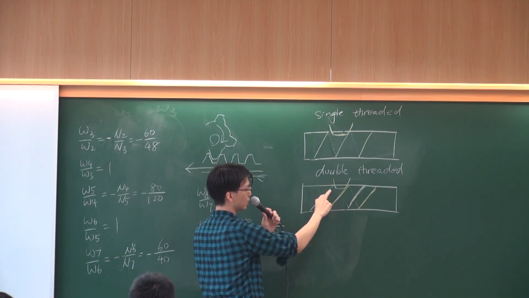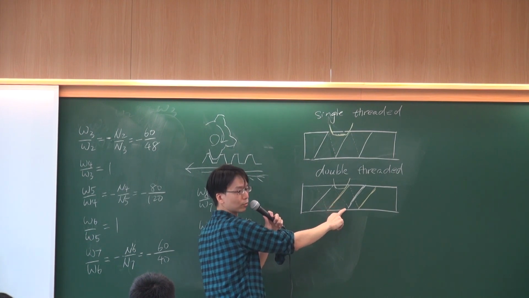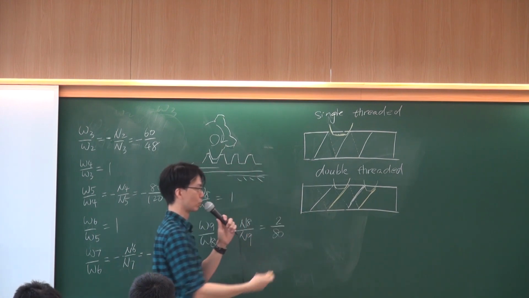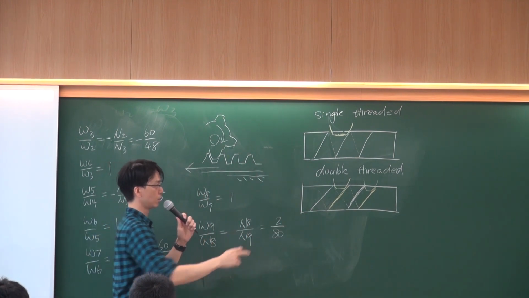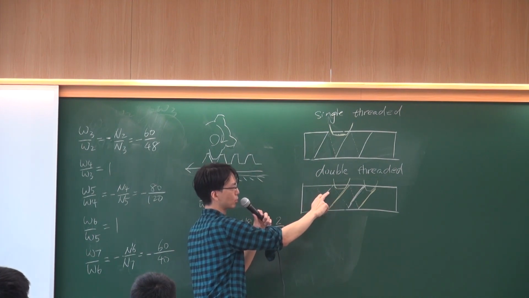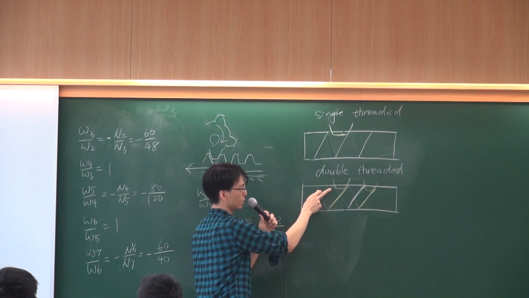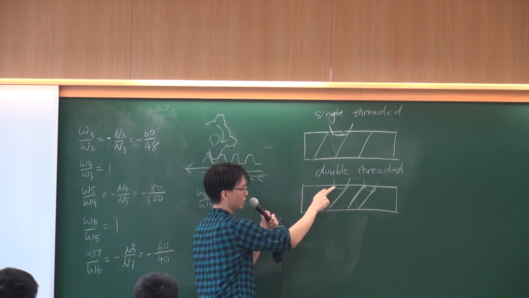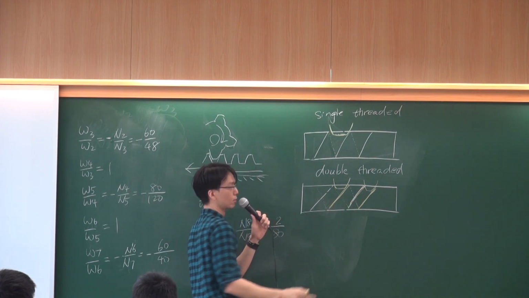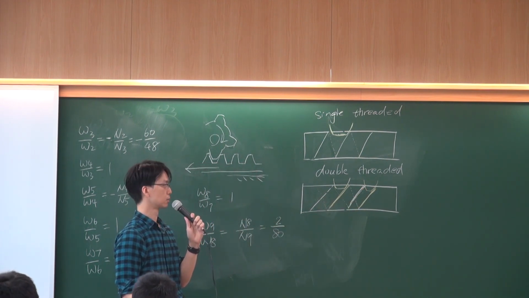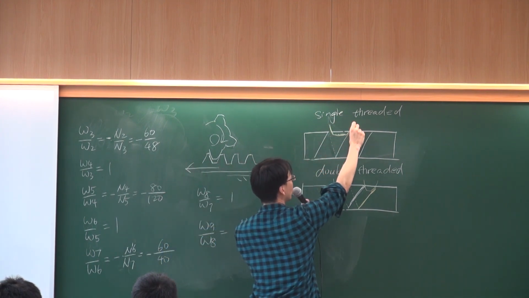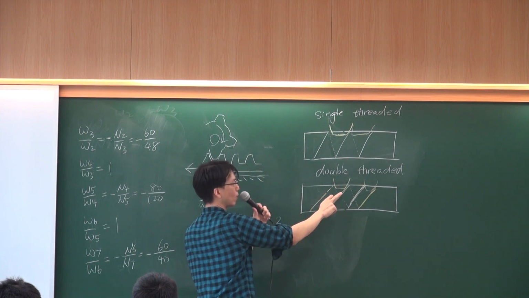Because this tooth follows this white thread, it's going to move two steps. So rotate one cycle, the single thread will only move one step, but the double thread will move two steps.